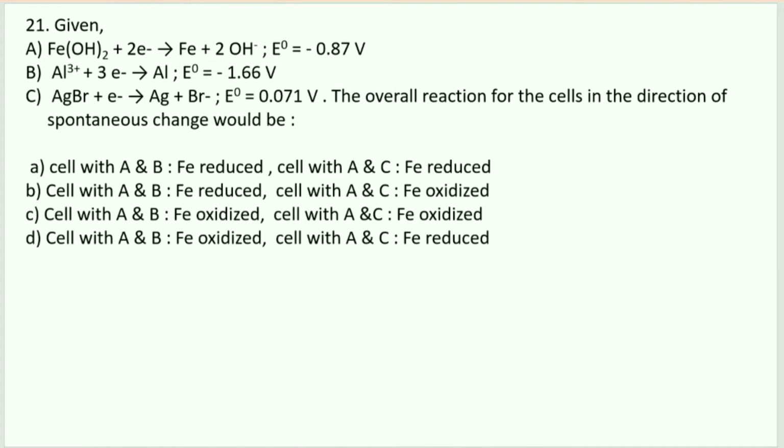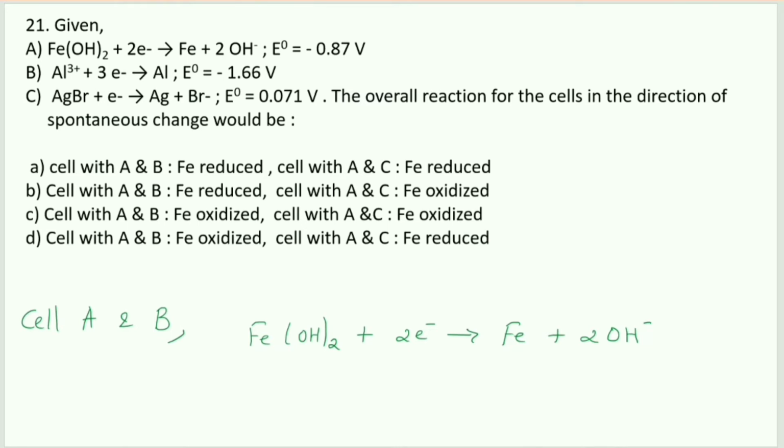So taking first cell A and second cell B. In cell A, what is the reaction? Fe(OH)2 plus 2 electron giving Fe plus 2 OH minus.